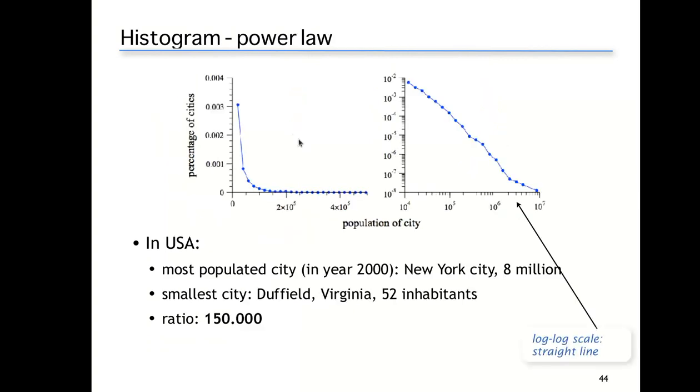Instead, if we take a histogram of the cities in the US by their population, so the number of inhabitants in the cities, then according to the statistics made in 2000, New York City was the largest city in the US with 8 million inhabitants, and the smallest city was somewhere in Virginia with 52 inhabitants.